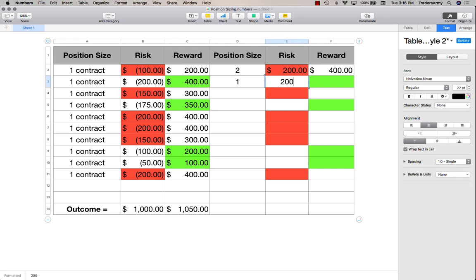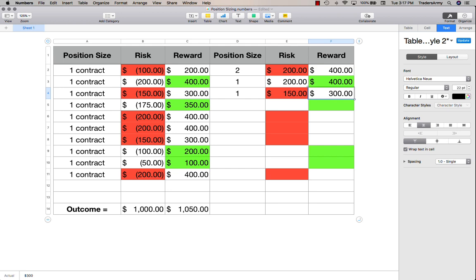But you'll see the risk and the reward is the same now. Here on this third trade, while we're risking 150, if I do 2 contracts, I'll exceed my $200 risk tolerance, so I have to keep that at 1, which, it's close to 200, but not exactly 200.